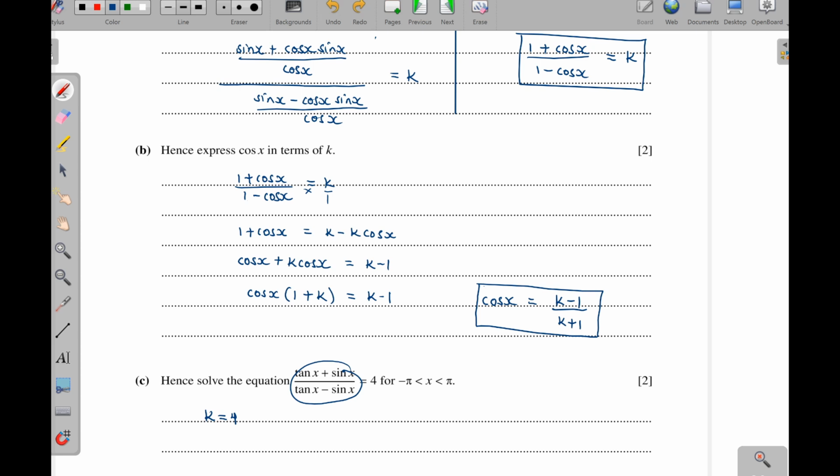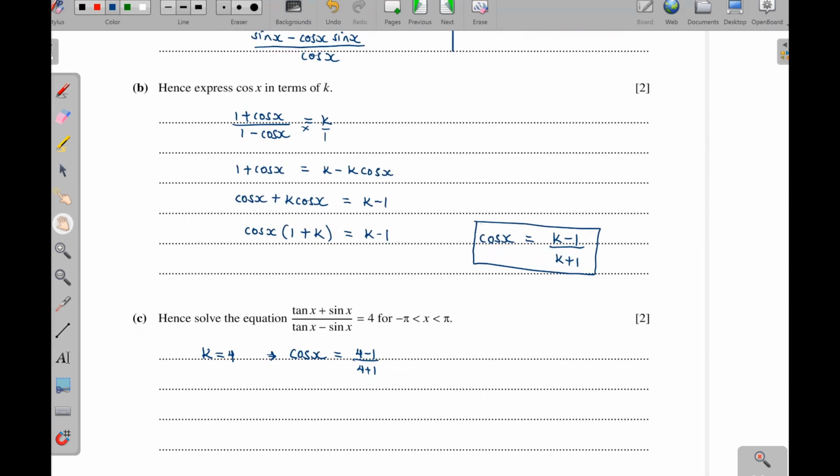And now, after expressing cos in terms of k, we are having this. So I will say therefore that cos x shall be equal to 4 minus 1 out of 4 plus 1. So this will be 3 over 5. So x is going to be the arc cos of 3 over 5.